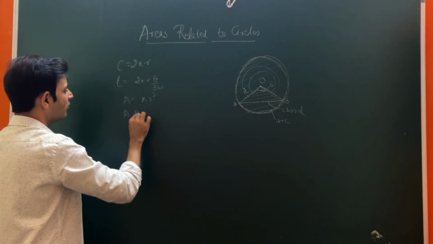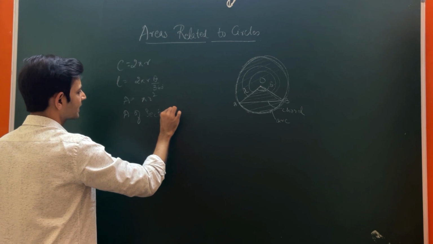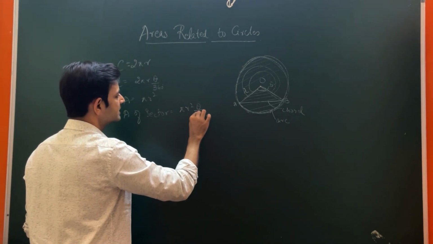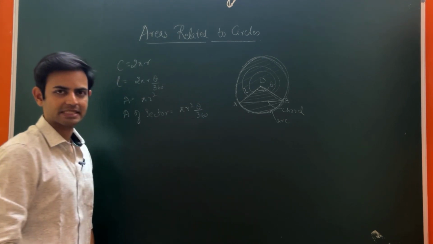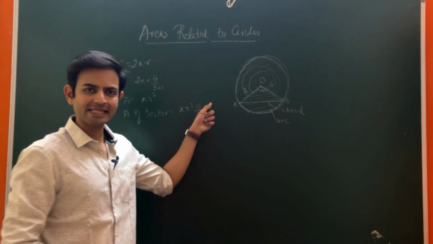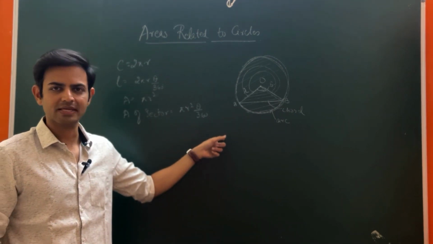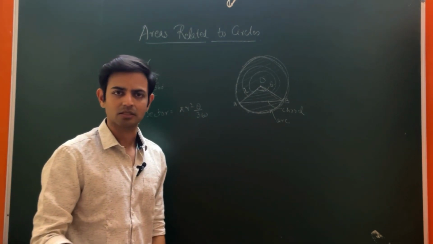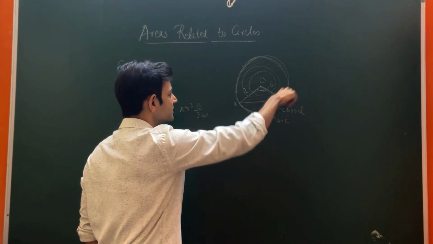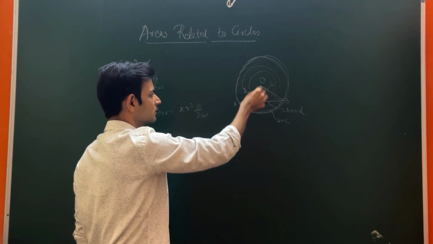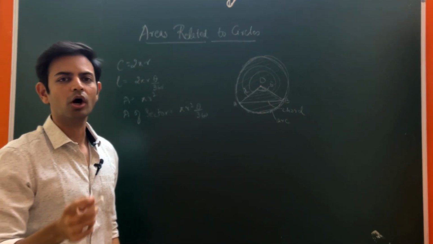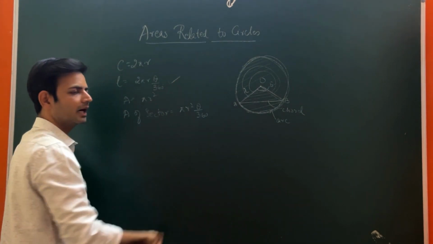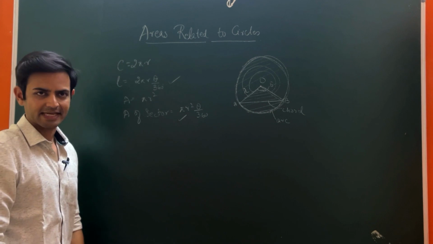So the area of a sector is equal to pi r square theta by 360. Again, if the angle is less than 180, you will get the area of the minor sector. If the angle is more than 180, you will get the area of the major sector. Alternately, when you know the area of the circle, subtract the area of the minor sector and you get the value of the major sector. So that is how you can find the length of the arc and the area of the sector.